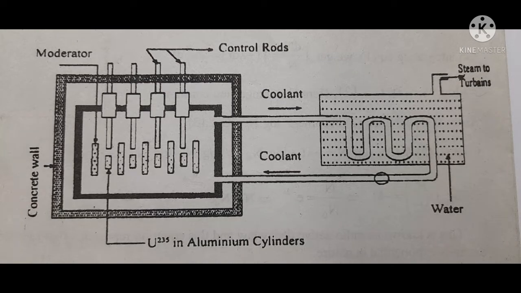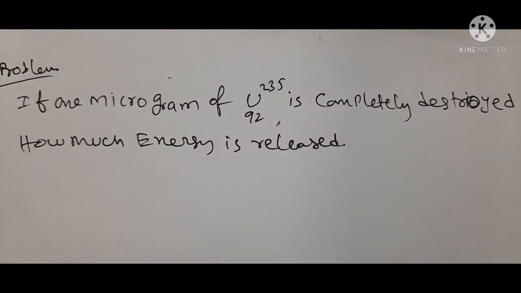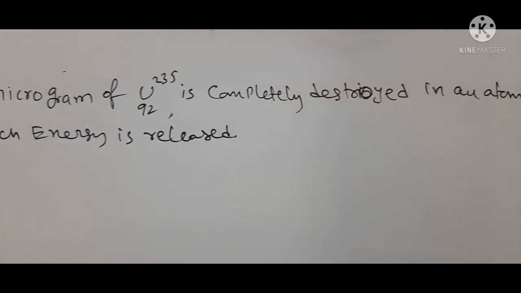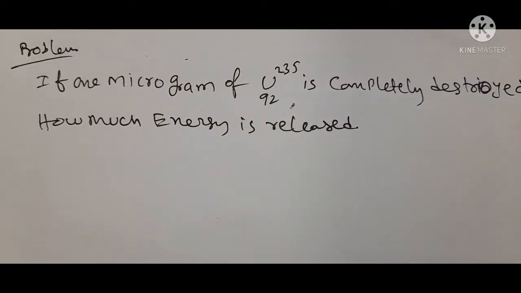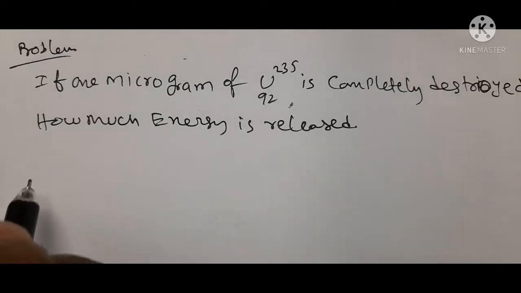Along with this, a small problem will be there. See, this is the problem related to this. If 1 microgram of uranium-235 is completely destroyed in an atom bomb, how much energy is released? That is a simple question. So first of all, what are the given values?